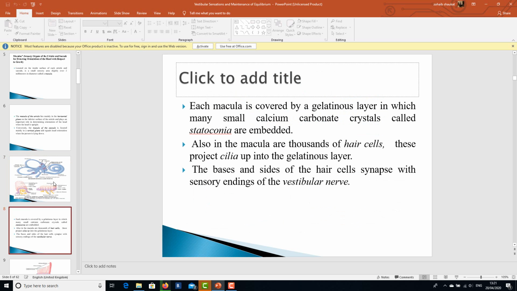Each macula is covered by a gelatinous layer in which many small calcium carbonate crystals called statoconia are embedded. Also in the macula there is presence of thousands of hair cells. These project cilia up into the gelatinous layer. The bases and sides of the hair cells synapse with sensory nerve endings.